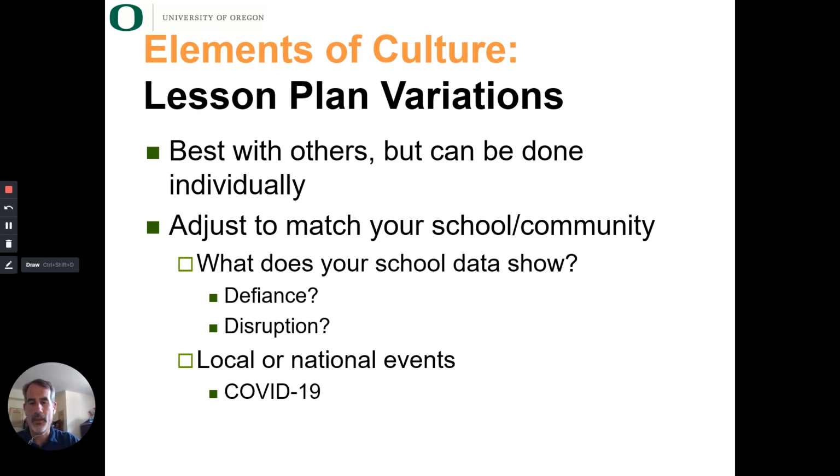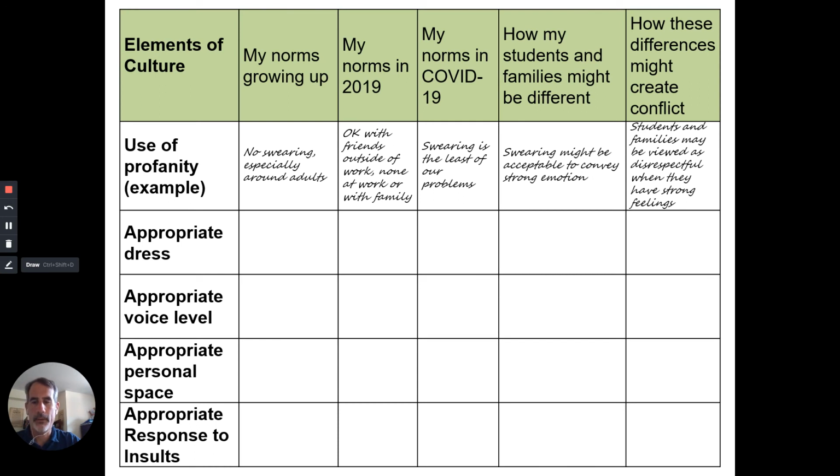So let me show you how this might look from an example that's been changed in a few areas. The matrix itself looks the same, but on the left side, down below here, there's a different box added for a response to insults that was identified for this school from discipline data that showed that this was an area that needed some work.